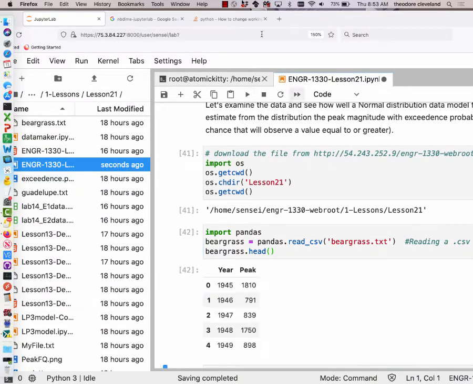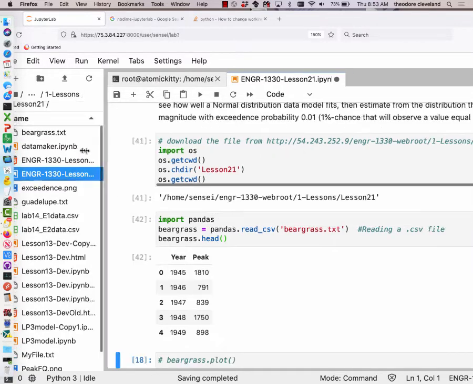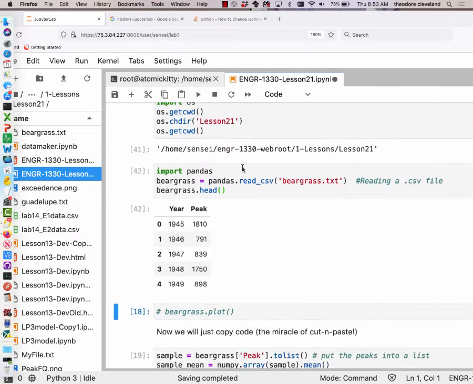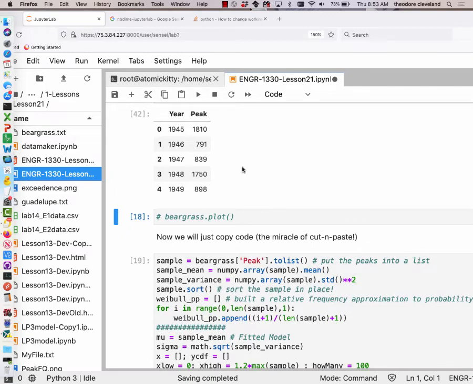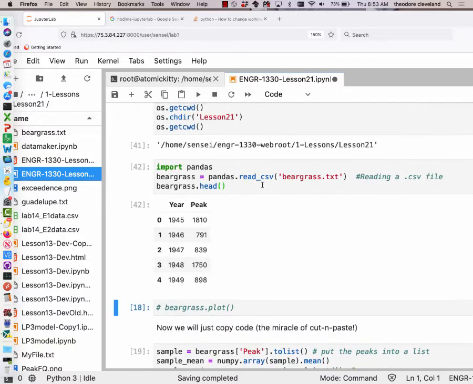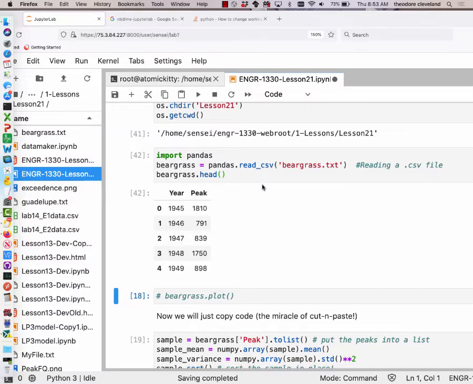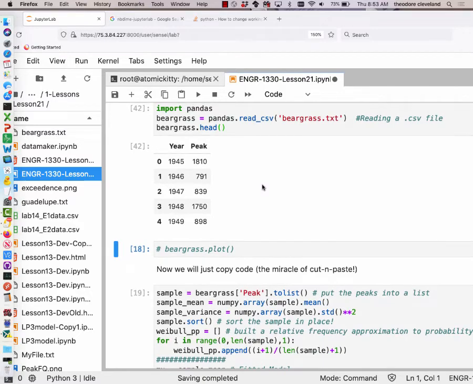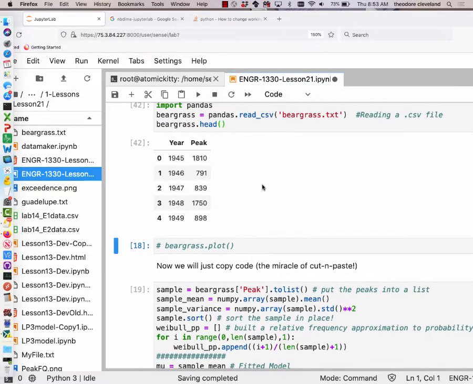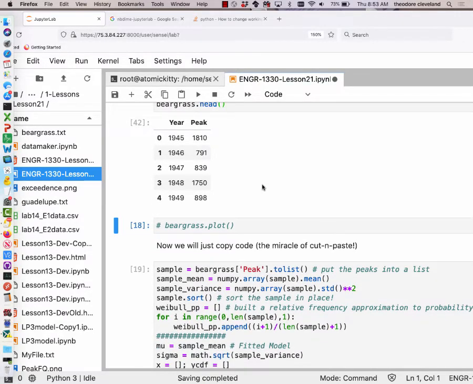Yay. I don't know why I had to do all that. I have a feeling that the thing where it's trying to load in, having me update something, is the problem. This only has to work for about 3 more weeks, and then I can repair it. So we have imported the file. If anyone was paying attention to what I did, I was just doing shell commands directly in the notebook.